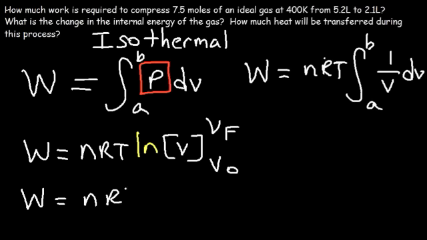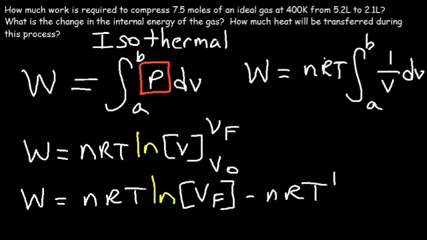So it's going to be nRT. We need to plug in these two values, the final value minus the initial value. So it's nRT ln V final minus nRT ln V initial.